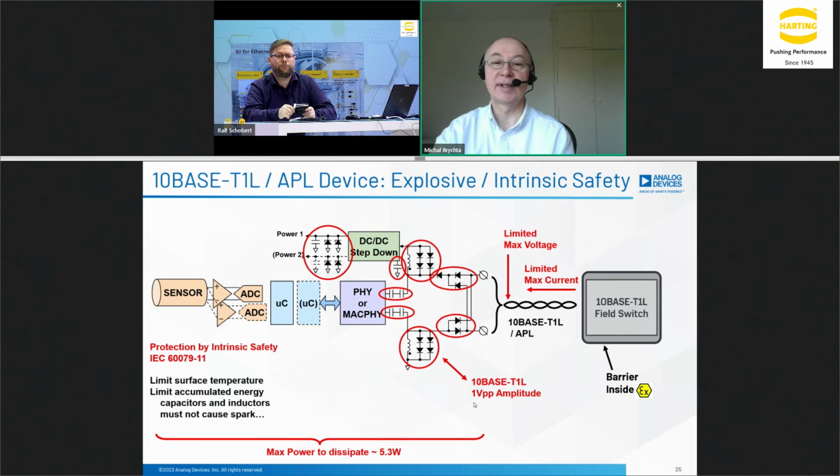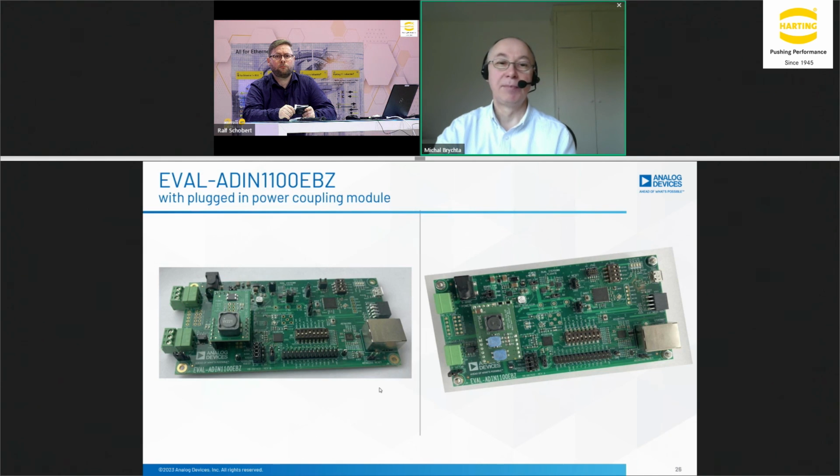The amplitude is there not because the 2.4 volt amplitude will break the power budget, but because all these components, the power coupling inductors, need double, triple protection. And those clamping devices are easier to design when the amplitude is limited to 1 volt peak to peak. So again, we understand the challenges and we can help you with that.